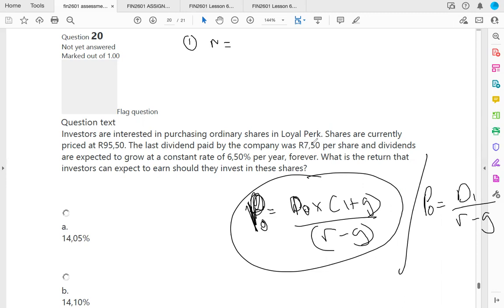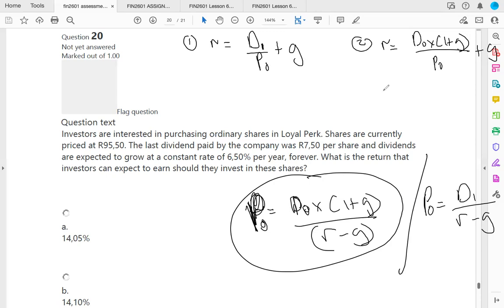You need to remember that the required return can be given by this formula: you take your expected dividend divided by price, plus the growth rate, and that gives you the required return. Or, if you've been given the current dividend, your required return can be calculated by taking the current dividend multiplied by 1 plus G over the price, plus the growth rate.